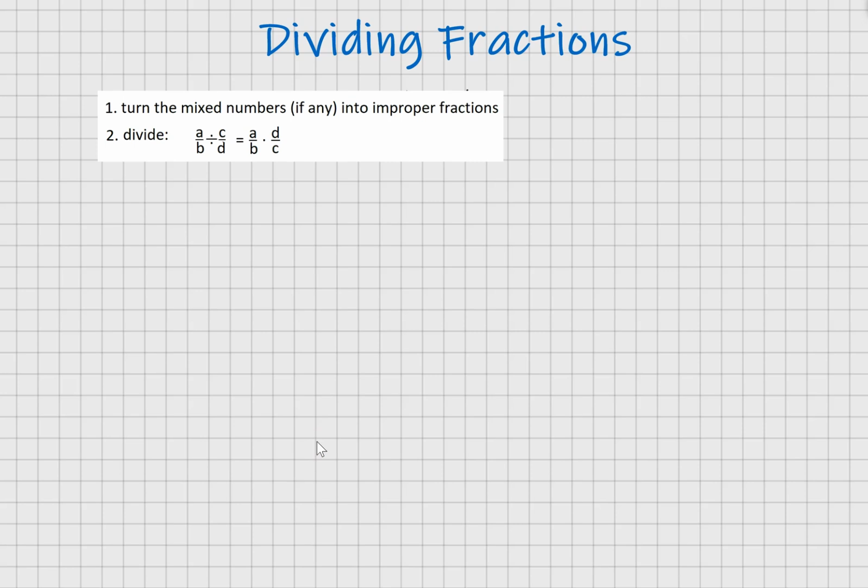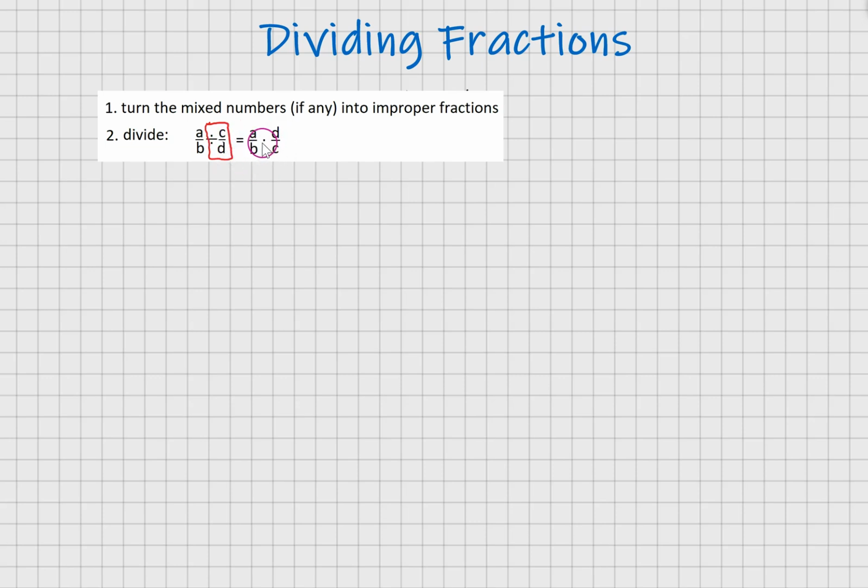Look at this division, a over b divided by c over d. I would like you to pay attention to this part. There are two things that happen here at the same time. You're going to turn the division into a multiplication, and then you're going to flip the second fraction.